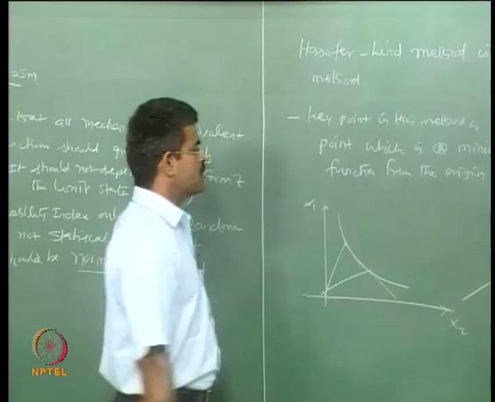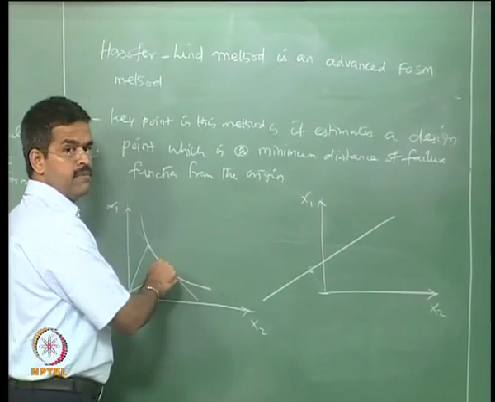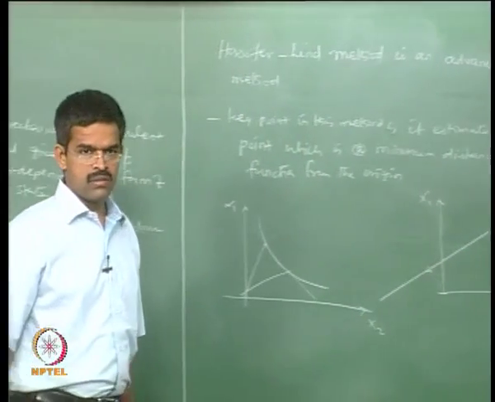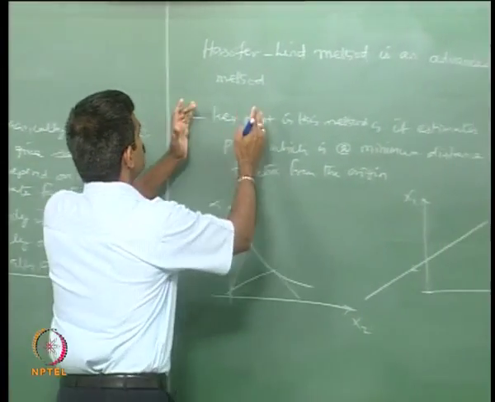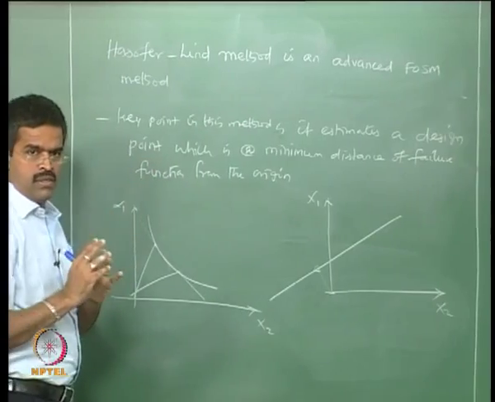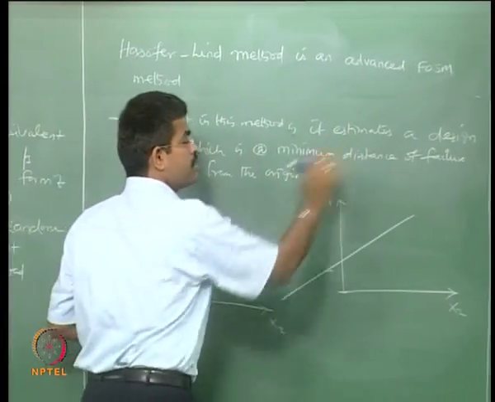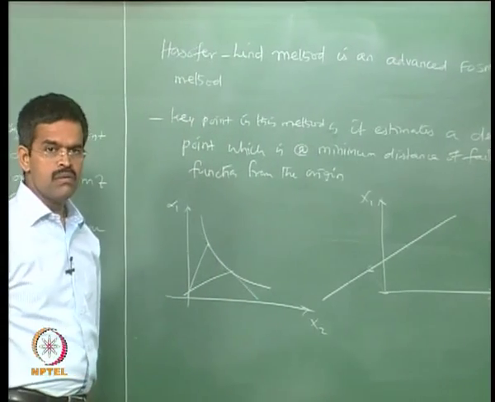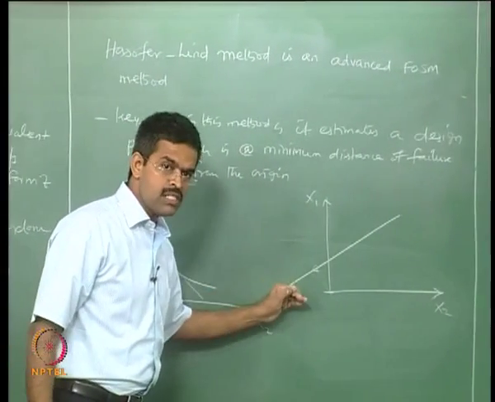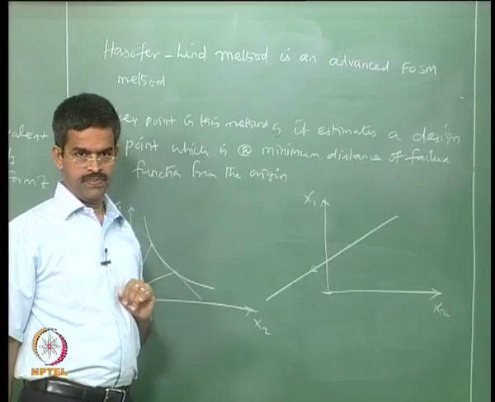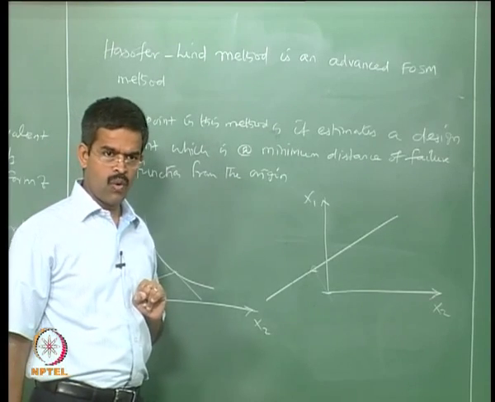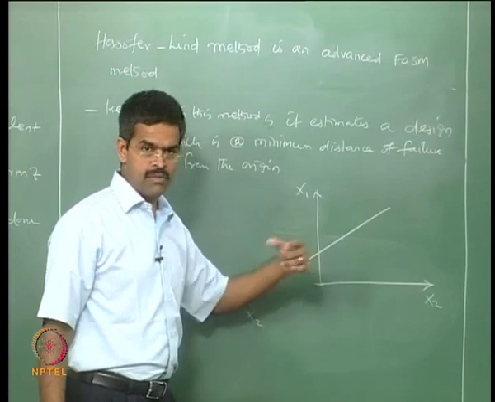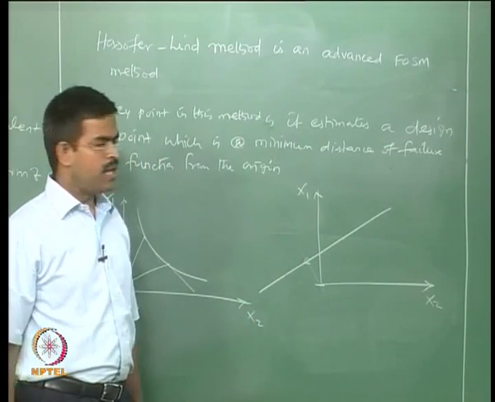So, if the function is linear or non-linear between variables x1 and x2, how to handle this? The whole key issue in the Hasofer-Lind method is to estimate a design point which is located on the failure envelope, or the function, at minimum distance from the origin. Okay. Now, one may ask why it should be a minimum distance, why not maximum? Okay, I will answer this question.